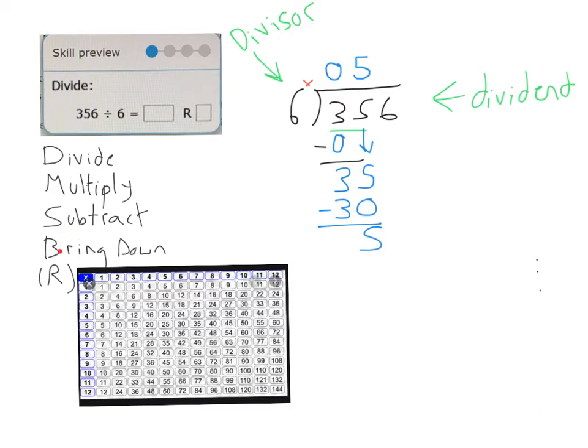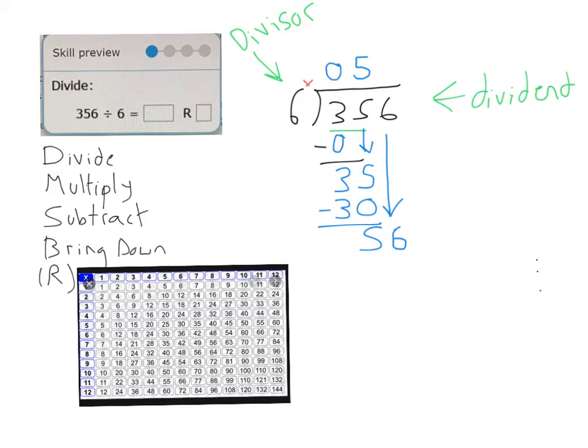Next step, bring down. We already brought down the 5, so now we're bringing down the 6. Notice I make my arrow all the way down. One of the most common mistakes for kids in division is they mess up because they get messy. I'm trying to be as neat as I can here, and having the arrows all the way to the spot you're taking it to helps.